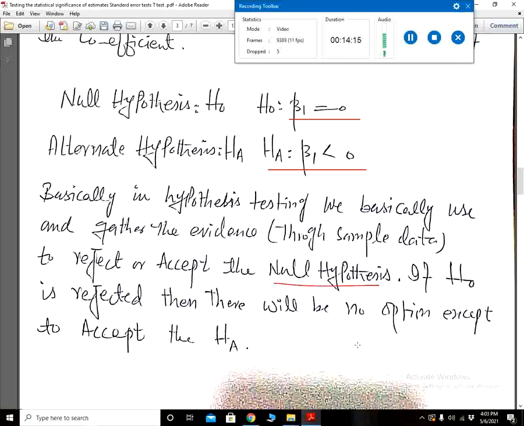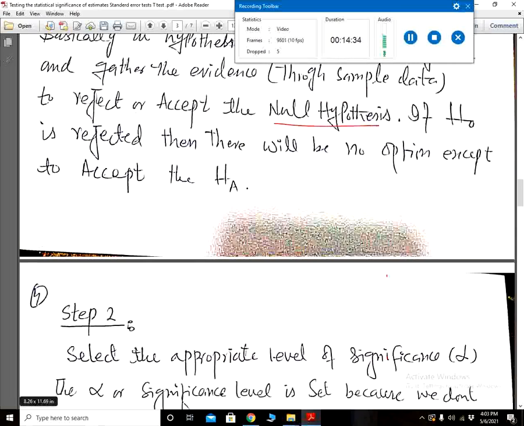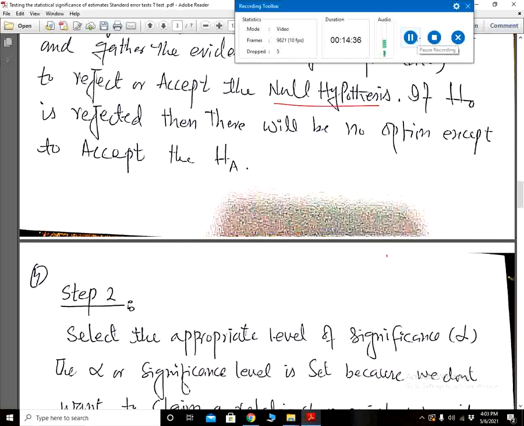And from where do we get the data? We get the data from sample data, and through sample data we extract the evidence against the null hypothesis to reject the null hypothesis. If H naught is rejected, then there will be no option except to accept the alternate hypothesis.